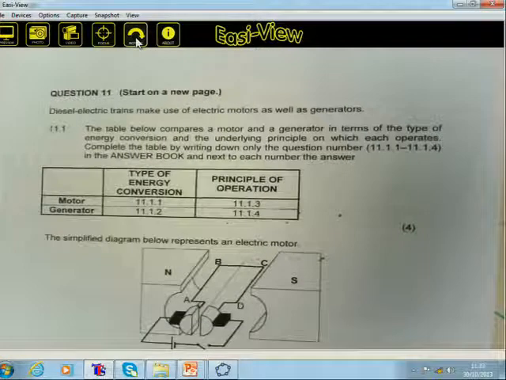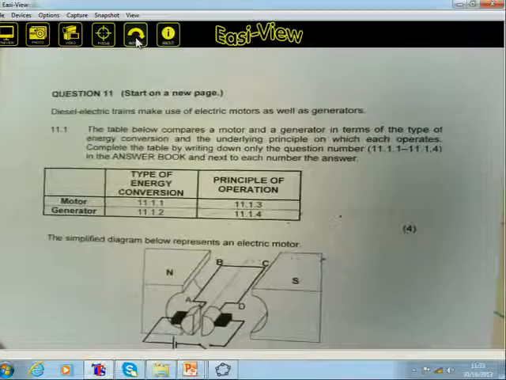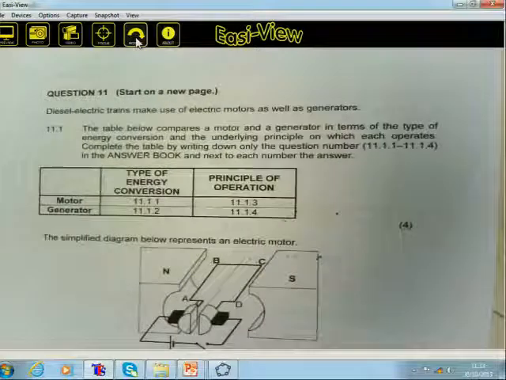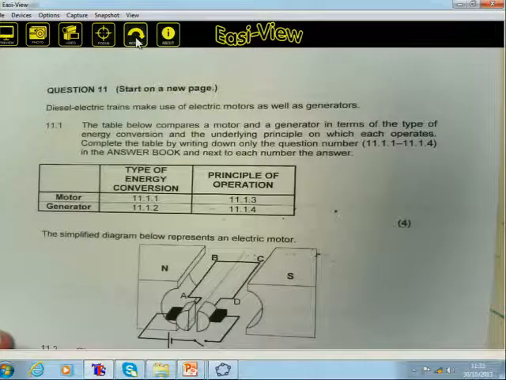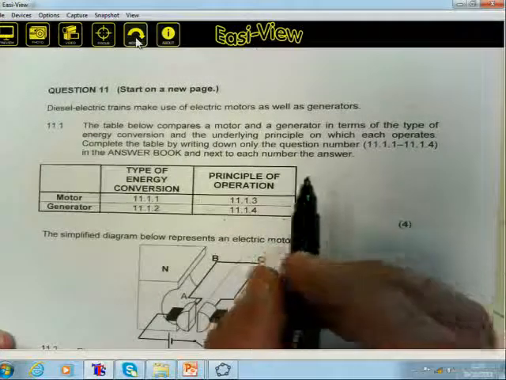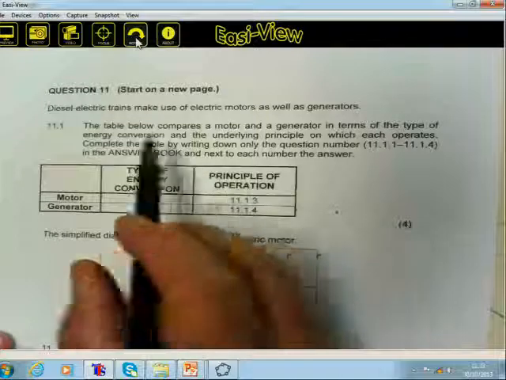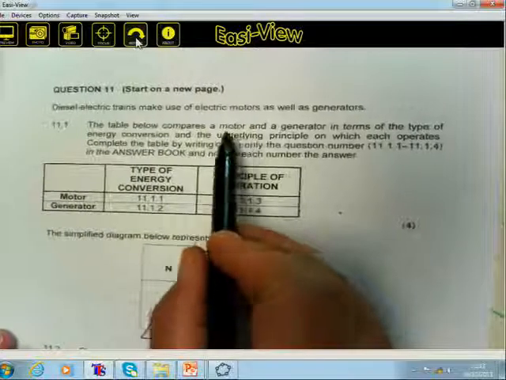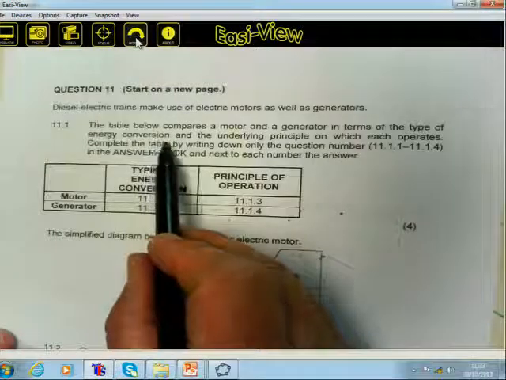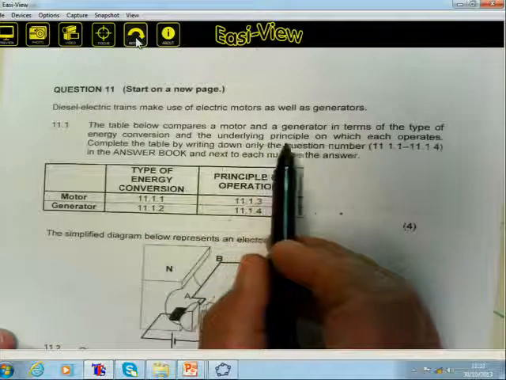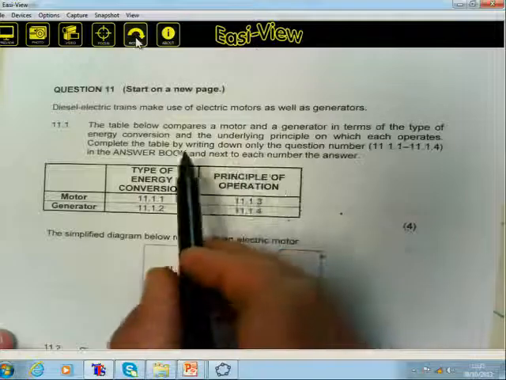Right, question 11. Diesel electric trains make use of electric motors as well as generators. Now the question: the table below compares the motor and the generator in terms of the type of energy conversions and the underlying principle on which each operates.